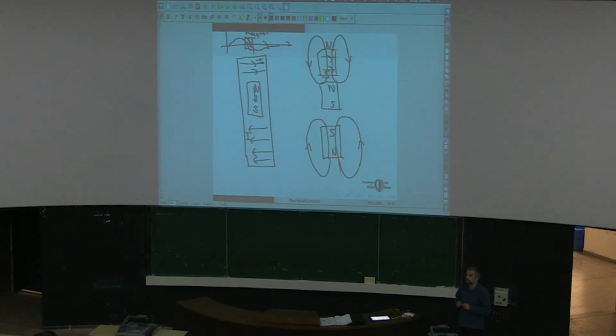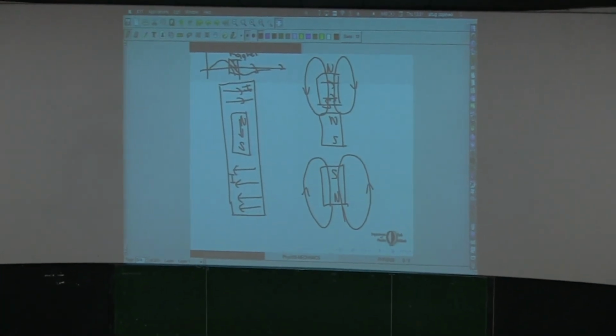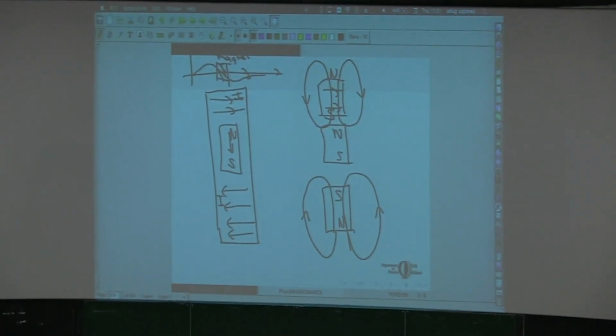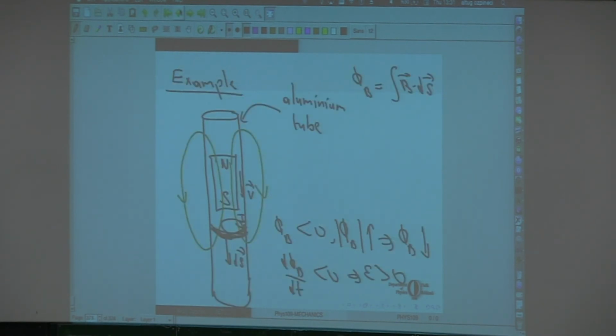Other questions? Well, you see, if the magnetic force acting on the magnet is smaller than its weight, it will start accelerating. It will keep on accelerating, right? So the magnitude of its velocity will be increasing. But if the velocity is increasing, the change of the flux, which depends on the velocity, will also increase.